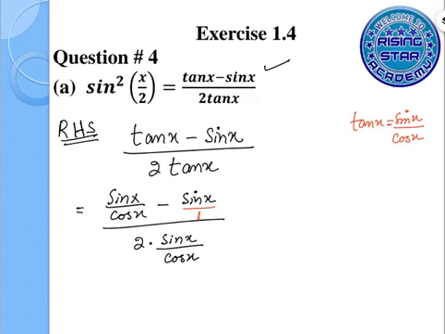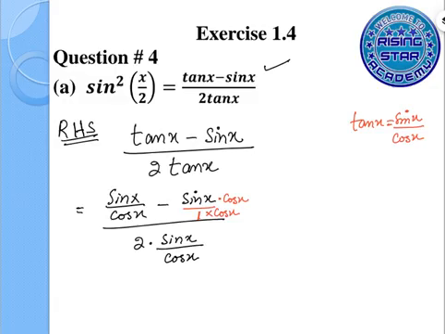Now we know that in LCM the denominator value should be the same, so I would multiply here with cos x in the numerator as well as in the denominator.